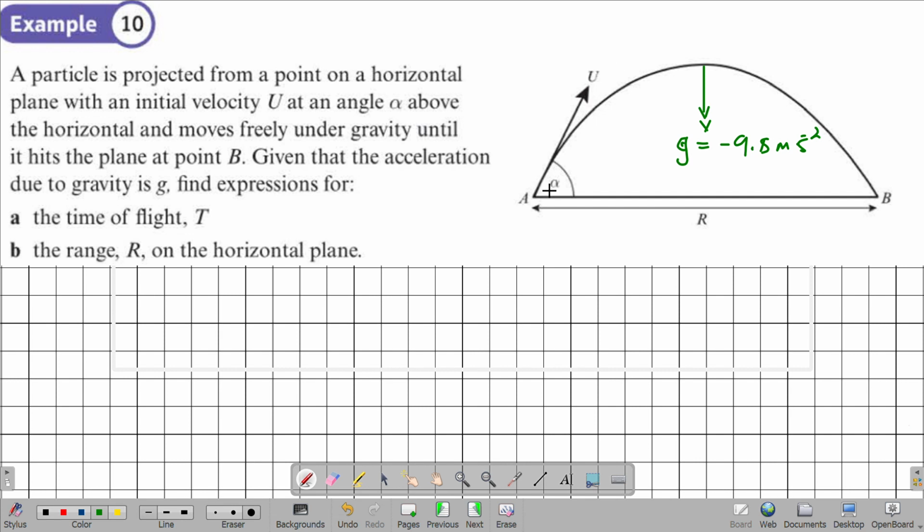So as a result, g is going this direction, and the distance from A to B is what we call our range, which is denoted by r. And the velocity of projection, which is the initial velocity, so this is your initial velocity, which is given as u.